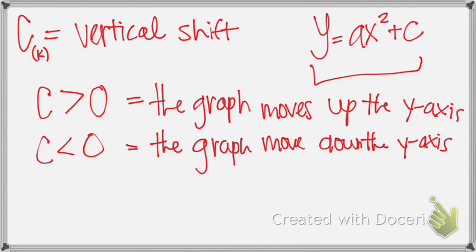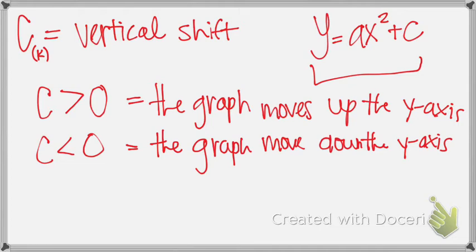C's all where? Look on the board. C's where? At the end, all by itself. In this case, they're using K though. So which one is it? Top or bottom? The top. Yes, you see that? Plus K means we go up. Minus K means we go down.